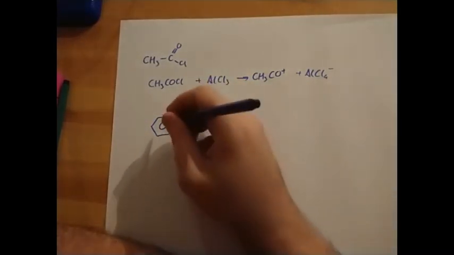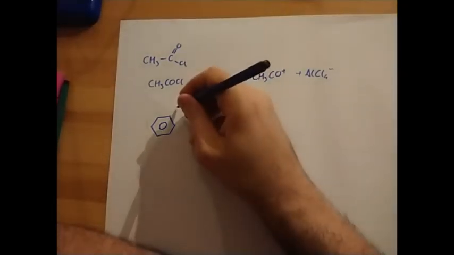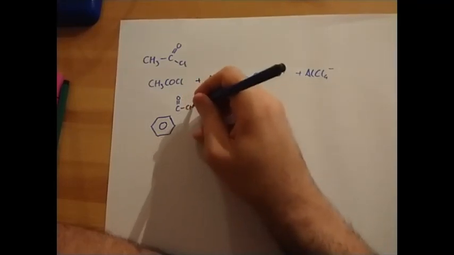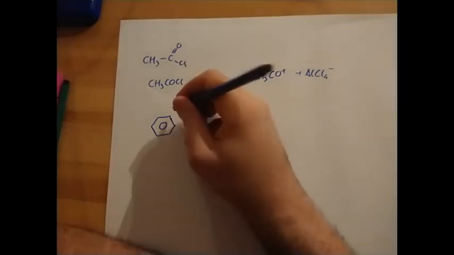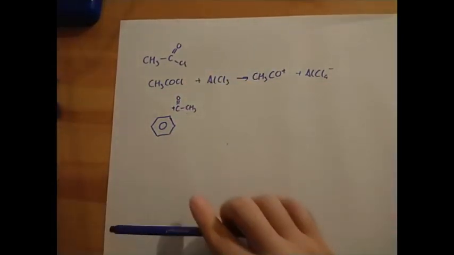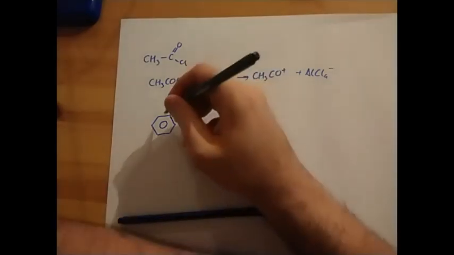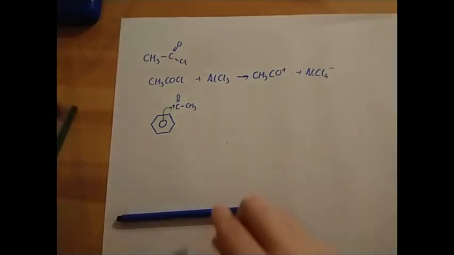So just to show what this would actually look like in a reaction, rather than putting an R here, we're going to put the CH3 because it's a CH3 here, so we just put a CH3 here. Don't forget the plus. Curly arrow touching the ring, going to the plus.